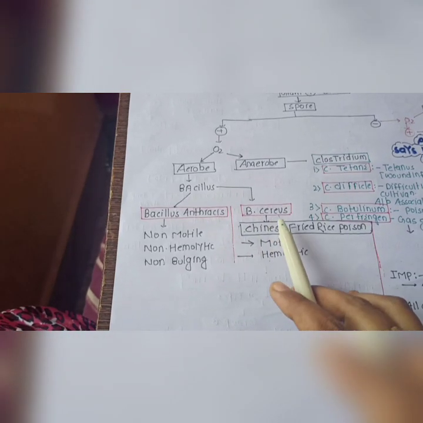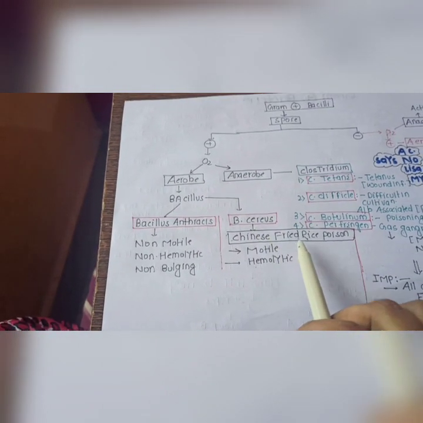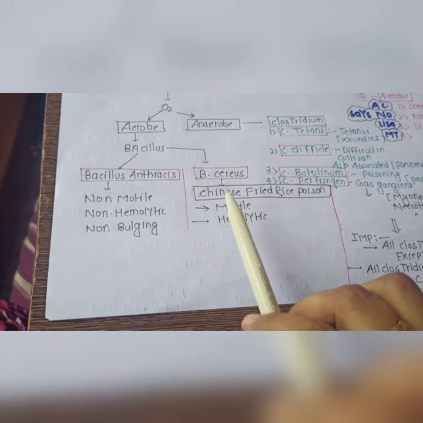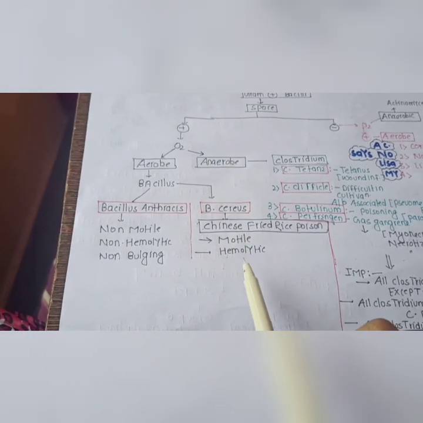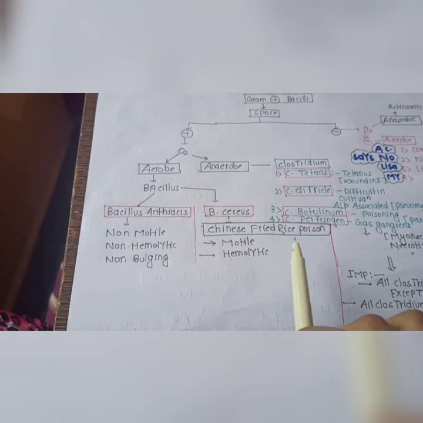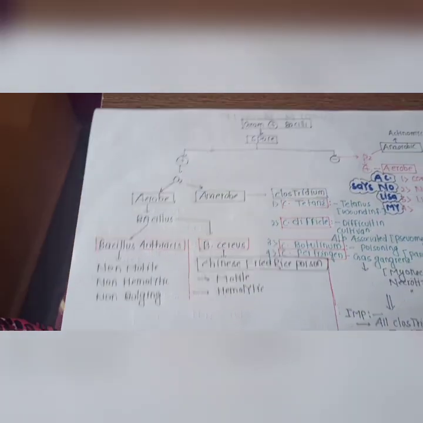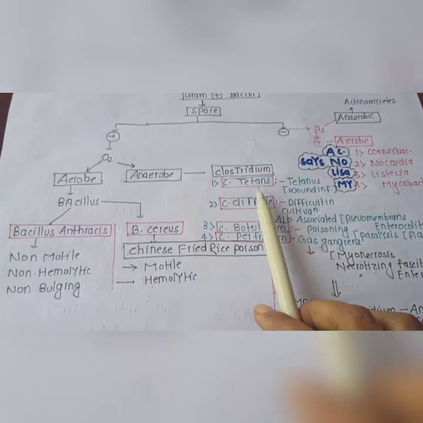Next, Bacillus cereus, CC. It usually causes Chinese fried rice poisoning, and it is motile and hemolytic, aerobic, spore forming. Then spore-forming anaerobic bacilli: Clostridium.